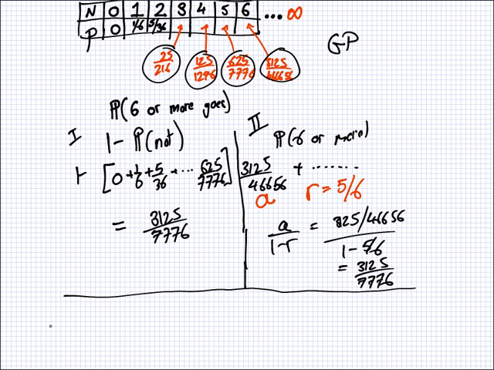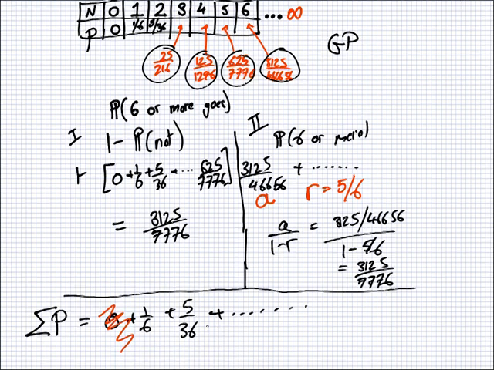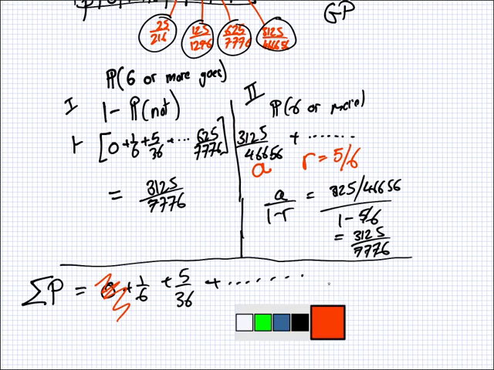Last thing here for this question is I want you to confirm, we'll do this together, confirm that the total probability is 1. So that would be 0 plus 1 over 6 plus 5 over 36, etc., etc., etc. Now we don't really care about the 0 here. So again, remembering that this is a geometric, what can I simplify this to?